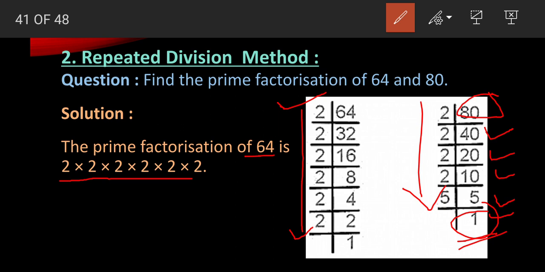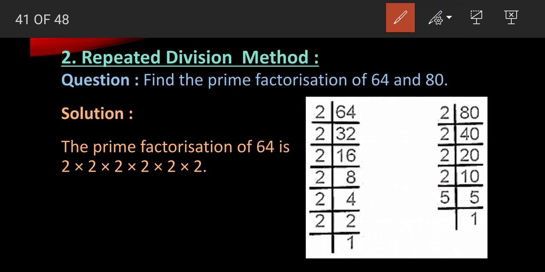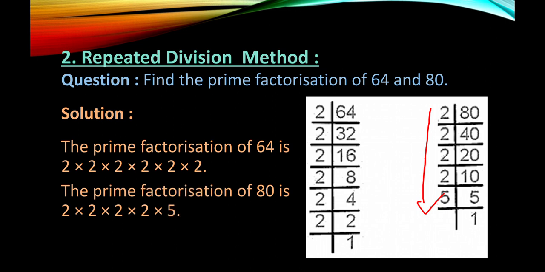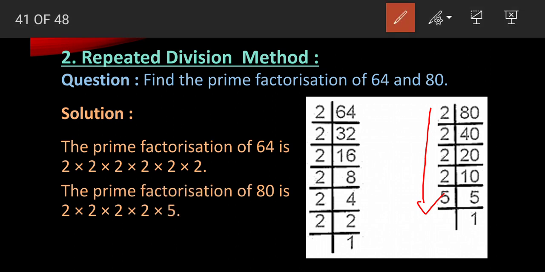While you are dividing, you have to check that all the factors are prime numbers. So the prime factorization of 80 is 2 multiplied by 2 multiplied by 2 multiplied by 2 and 5.